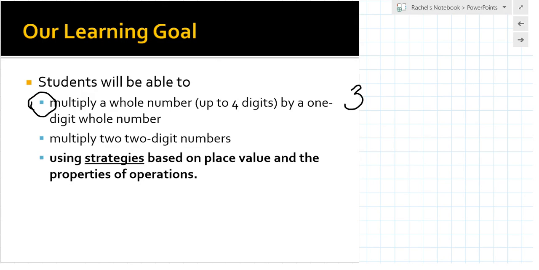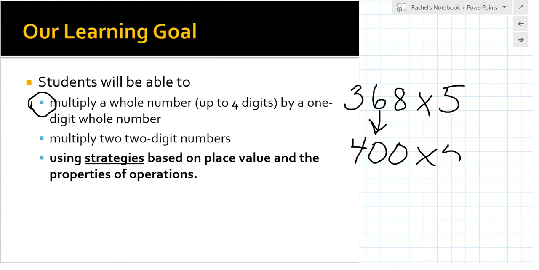Yesterday we were looking at problems where we had 2 factors, and we haven't quite figured out strategies just yet for solving to find the exact answer of this problem, but students were using their mental math and their patterns with basic facts to be able to round numbers in order to estimate what the product would be.